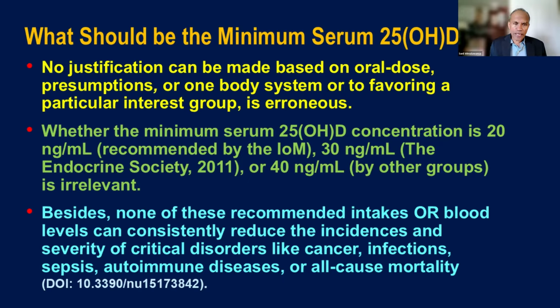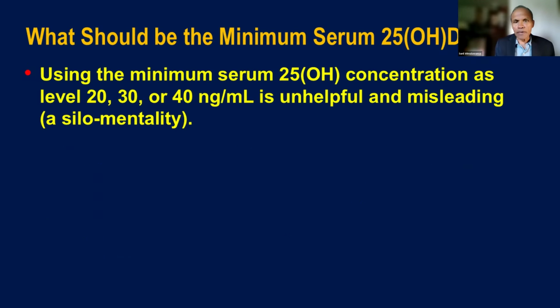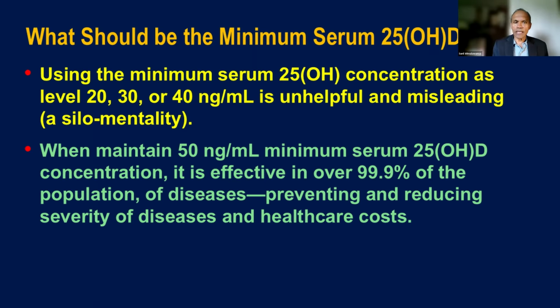So conditions like I mentioned, the chronic diseases, particularly cancer, infection, both acute and chronic, and sepsis, where 11 million people are dying from sepsis each year globally, autoimmune diseases, and all-cause mortality can be reduced by having a minimum level of about 42, and my preference is 50 nanograms per milliliter.